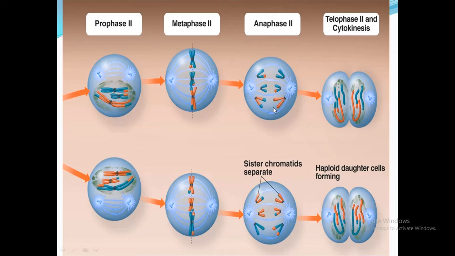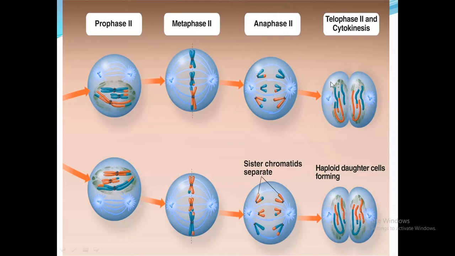Each cell formed after meiosis 1 enters meiosis 2, and each cell forms two cells. The separated chromosomes move to opposite poles and start decondensing, and cytokinesis splits the cells, two here and two here.